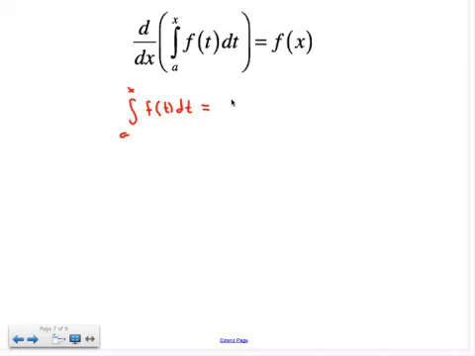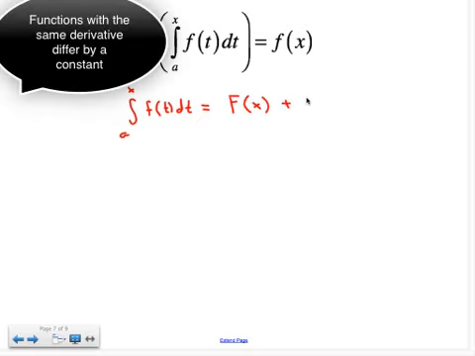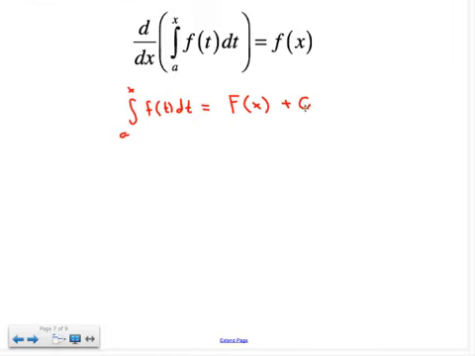We have a symbol for antiderivative. In this case, it'd be capital F of x. And since there are many antiderivatives, we have to add a constant. Now, we want to solve for this constant because otherwise there are many answers that could work here. So is there a value of this function on the left here that we know for certain? And the answer is yes.